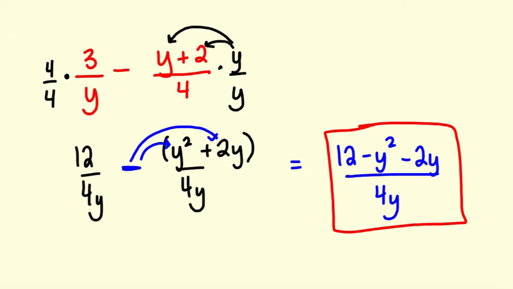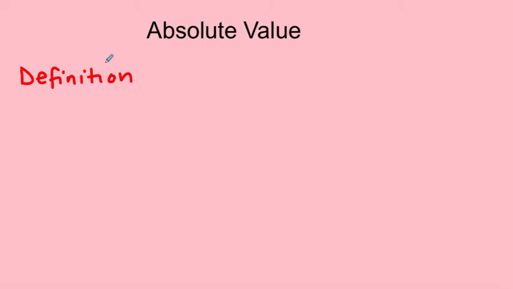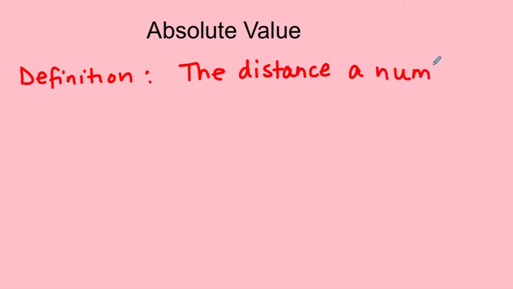Don't worry. Okay, last thing I want to talk about is absolute value. So first, absolute value is an operation in math, okay? So we want to make sure we know that it is the distance a number is from 0.